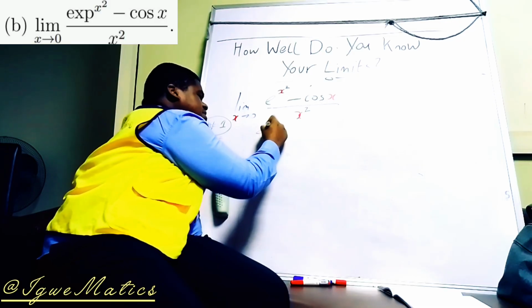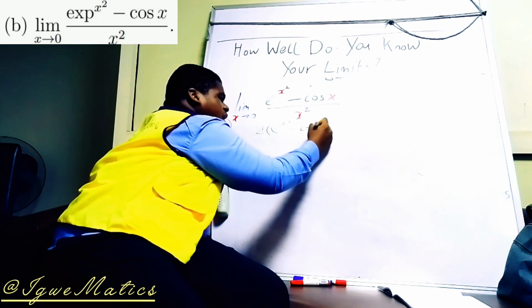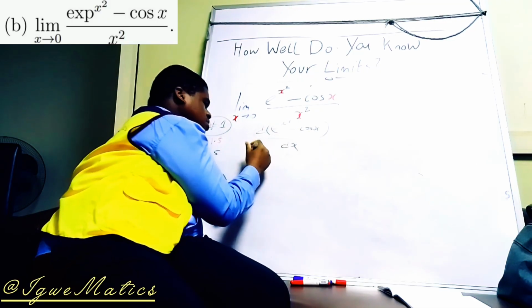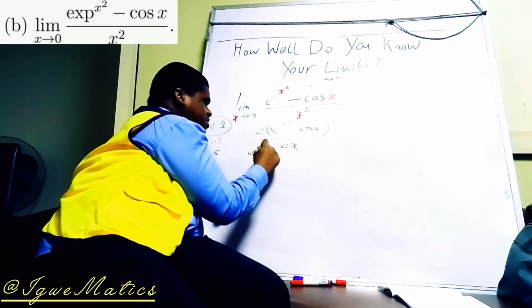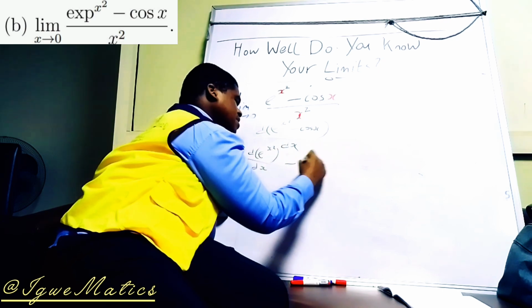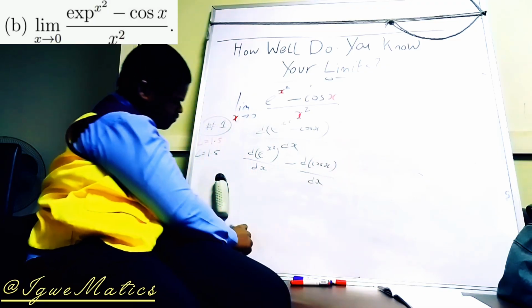So now let's differentiate e to the power of x squared minus cos x with respect to x. This derivative is equal to the derivative of e to the power of x squared with respect to x minus the derivative of cos x with respect to x.